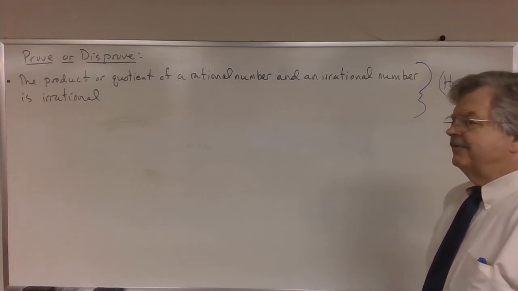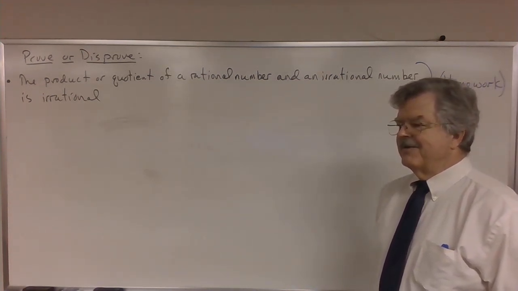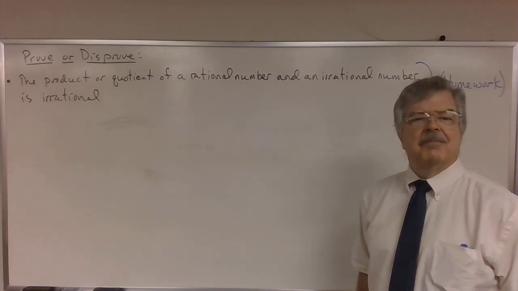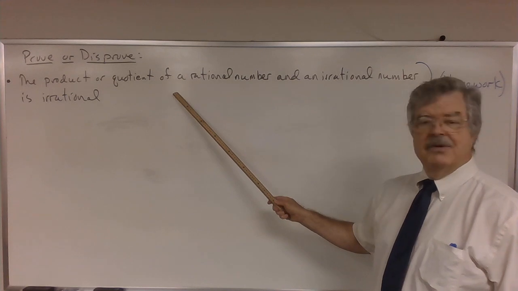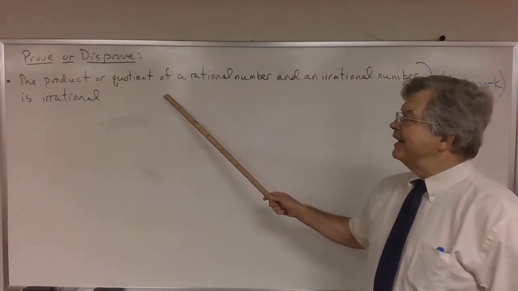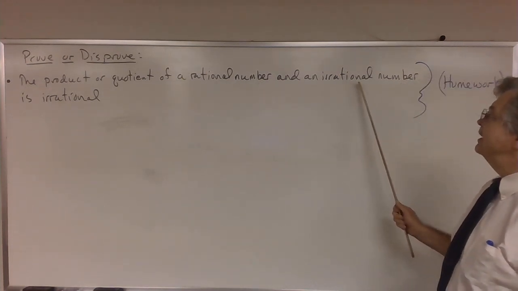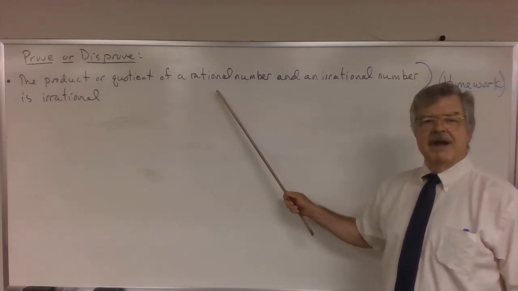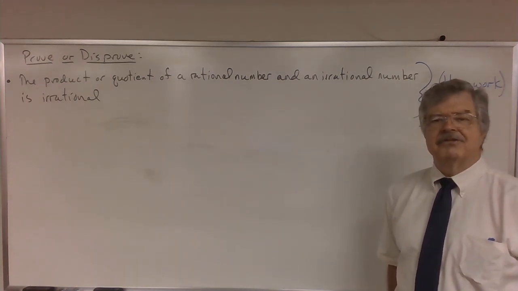Okay, now that we've shown that the sum or difference of a rational and an irrational number is irrational, the next thing we'll have to do is prove or disprove that the product or quotient of a rational number and an irrational number is irrational. And this is a homework exercise.